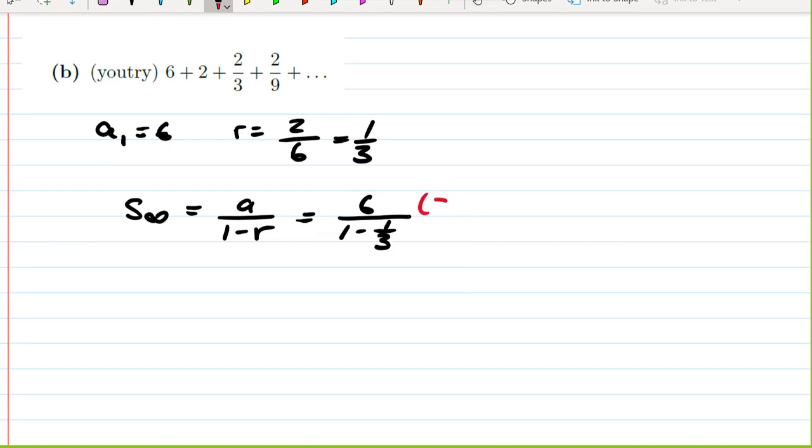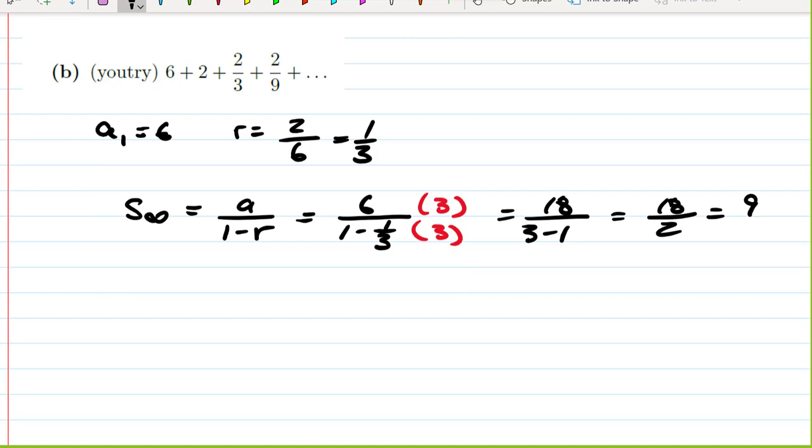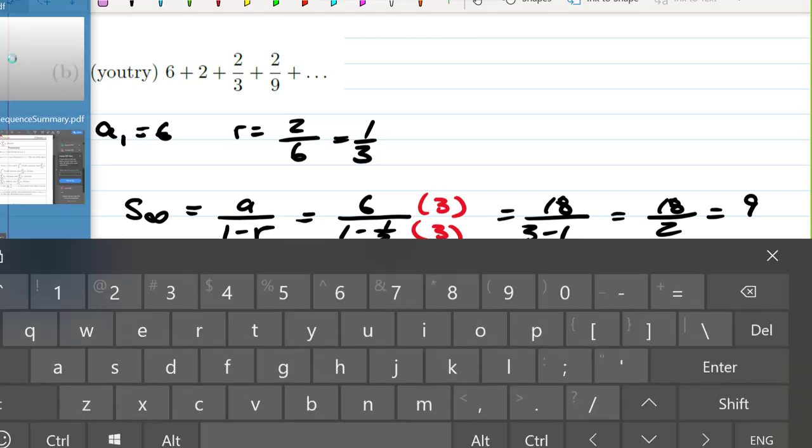And this is technically a compound fraction, so we can just multiply the top and the bottom by the LCD of 3. So 6 times 3 is 18, and then that would give us 3 minus 1 when we distribute the 3 in. So that's 18 over 3 minus 1, which is 2, and we should get 9. And if you did 1 minus 1/3 is 2/3, and then multiplied by the reciprocal, you get exactly the same thing, right? So it's just two different ways to accomplish the same task.